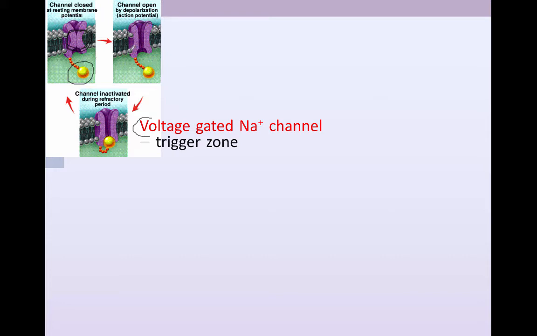Here you can see that when we change the voltage across the membrane, the activation gate opens, the inactivation gate closes, but it closes very slowly. And so for the time that the activation gate is open and the inactivation gate hasn't yet closed, lots of sodium can move across and come down its electrochemical gradient to get to the inside of the cell. Eventually that inactivation gate does close.